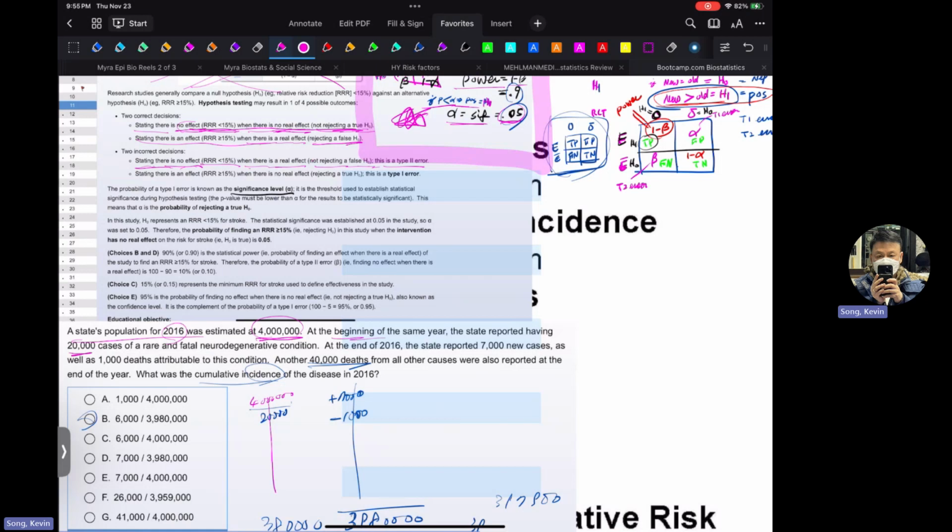During the year, there are 7,000 new cases, and 1,000 people died from that disease. Also, 40,000 people died from all other causes.